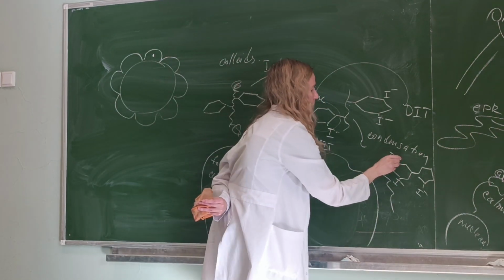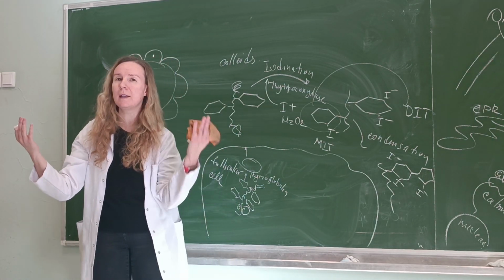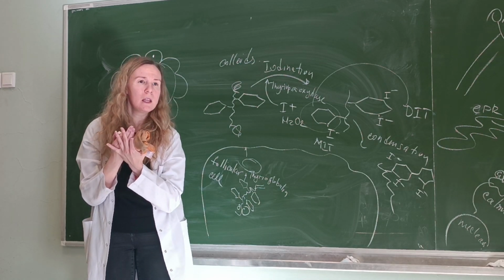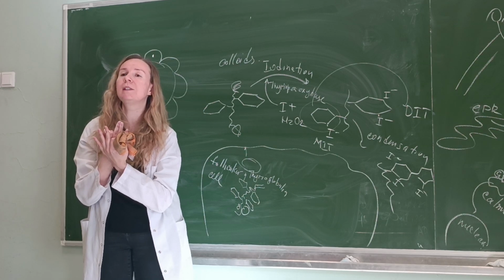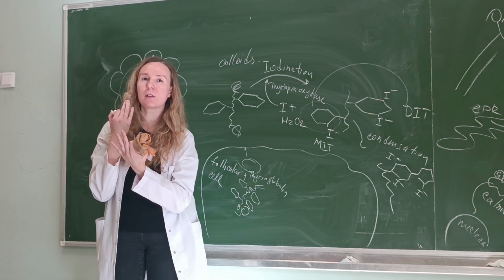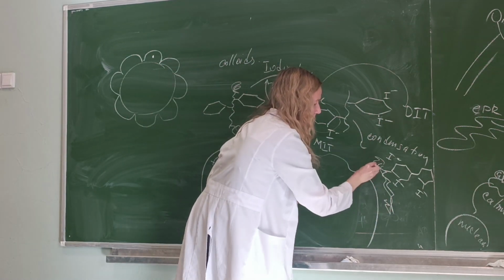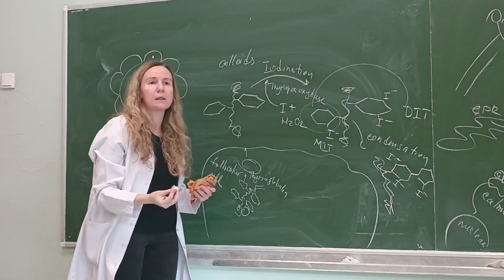If we condense DIT with DIT, it will be the precursor of T4. If we connect DIT with MIT, it will be the precursor of T3. But it's still on the structure of thyroglobulin. Do you see, we don't cut the protein here. So still here we have a protein part.